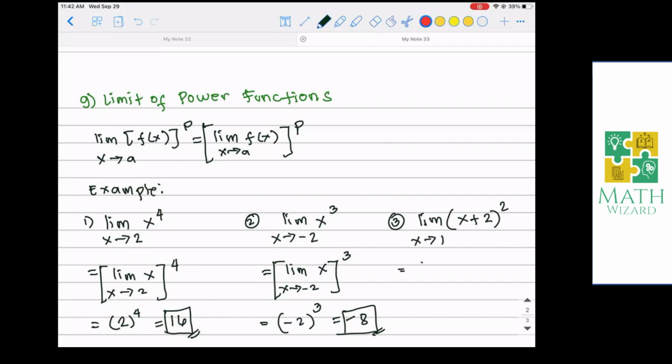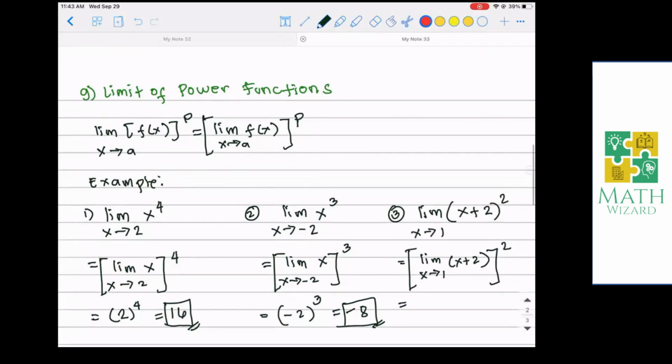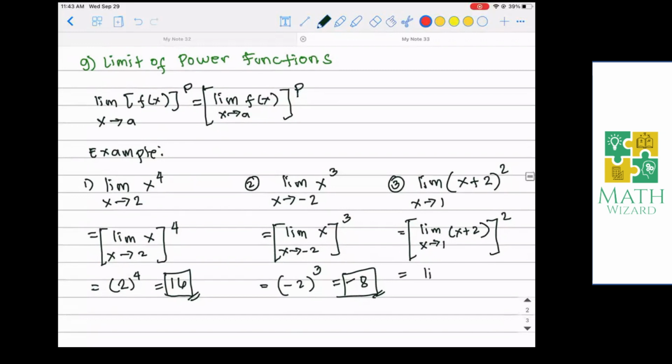So this becomes the limit of x plus 2 as x approaches to 1 and then square that to 2. Kunin muna natin yung limit ng ating function. So this becomes the limit of x as x approaches to 1 plus the limit of 2.